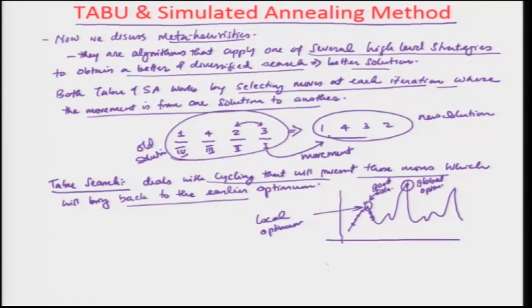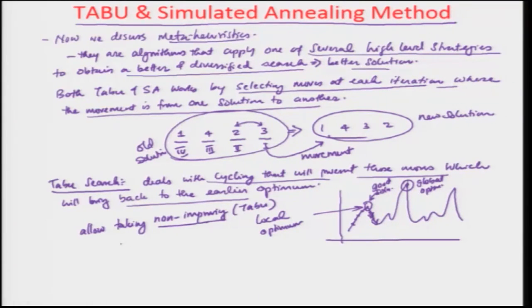The one way to do it is to allow taking non-improving moves. Okay, non-improving, this is called a taboo. By taking this move you are actually deteriorating the solution, right?